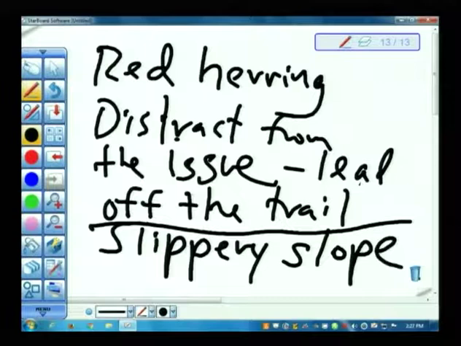Now, with the slippery slope, you argue that one beginning step will lead to subsequent steps, sometimes just two or three, and then finally we'll end up in some bad consequence. So the idea is if you allow registration, then next thing you know, there'll be confiscation. Or if you say you can't have a gun if you're mentally ill or have a criminal background, pretty soon you're not going to be able to have a gun for some other minor reason, like you're not going to be able to have a gun at all, I guess.